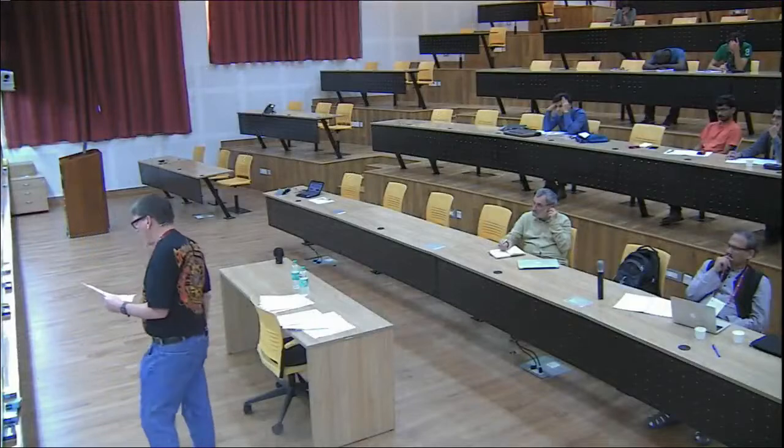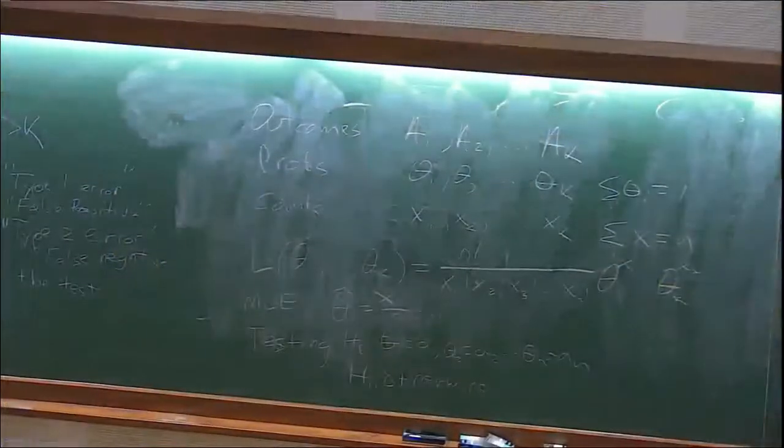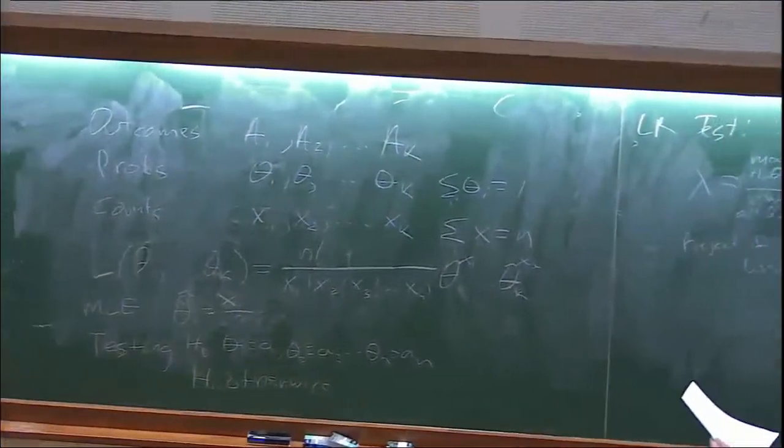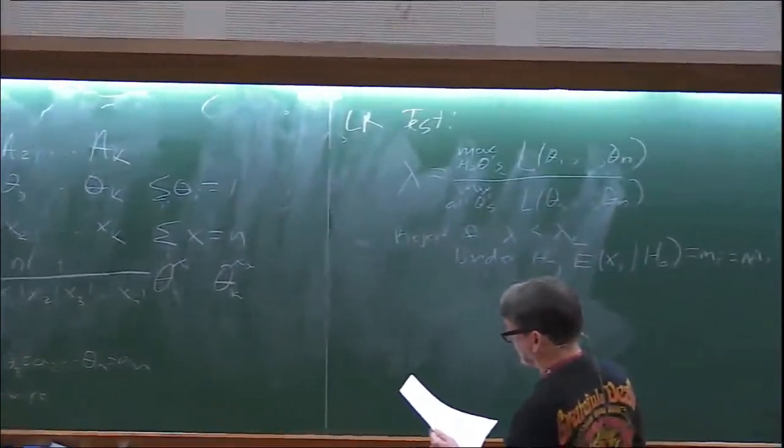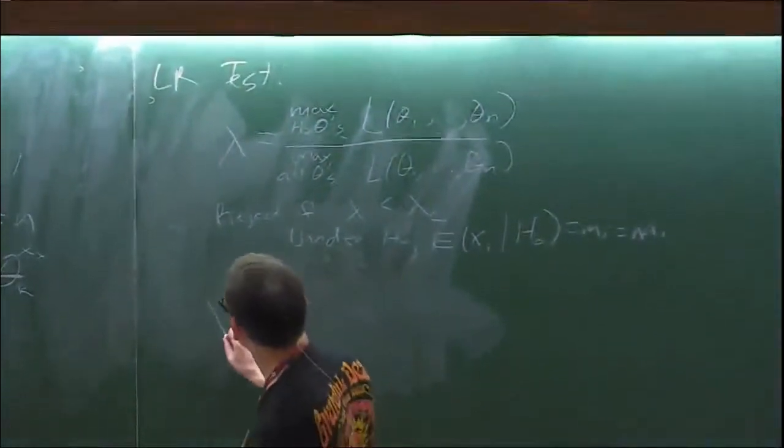So this is H0, theta i equals a sub i. And so now, essentially, we can write out lambda explicitly.